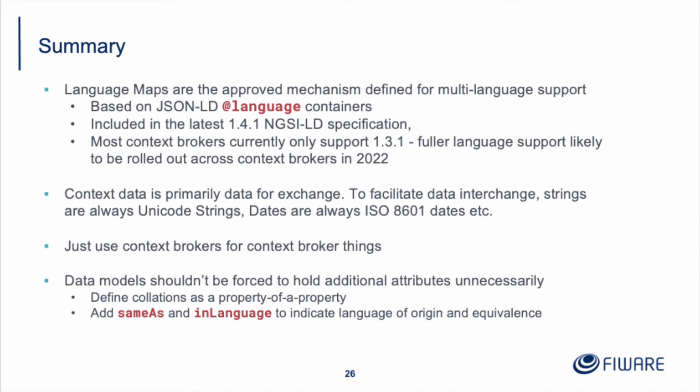So, in summary, language maps are the approved mechanism for multi-language support. It will be rolled out over the next few months. I said about 6 months, 9 months, probably coming through. And it is basically just taking what's come from JSON-LD containers. Now, there are plenty of things which context brokers do not do, and you should not try and force them to do it. So don't try and push dates in Spanish or whatever into your data.